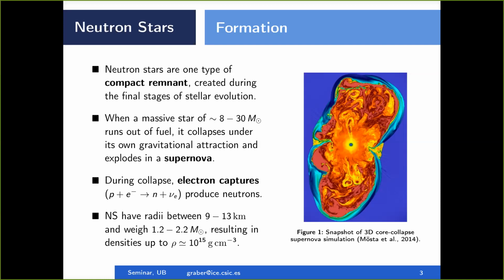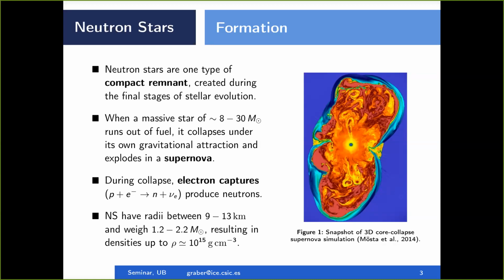And a lot of this material is thrown out in these massive supernova explosions. On the right-hand side, you can see some of these supernova simulations that people have been doing. You see that there's lots of turbulent behavior going on and lots of small scale structures in the end. They're visible in some sense in the actual supernova remnant that's left over at the end.